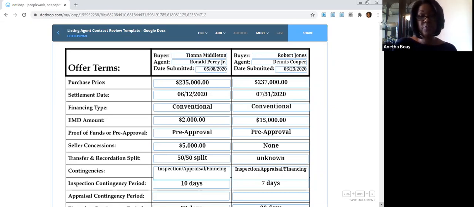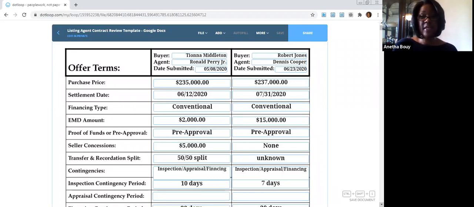There is a pre-approval letter that we've received. The buyer said that they would like the seller to provide $5,000 in closing costs or seller's concessions towards their closing costs.